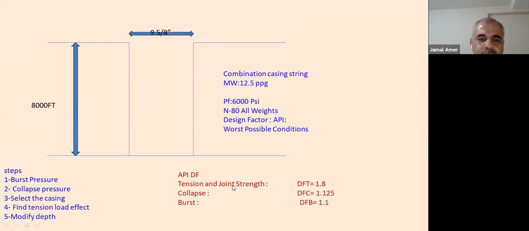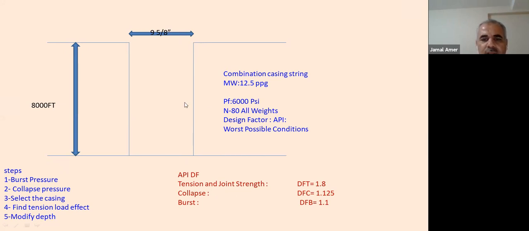And they told us to design according to the worst possible condition or scenario. So before solving any example, we have to make a simple sketch showing the well, the depth of the well, the casing. Also, if we have cementing, if we have lead cement, how much is the height of the lead cement, or how much is the height of the tail cement.